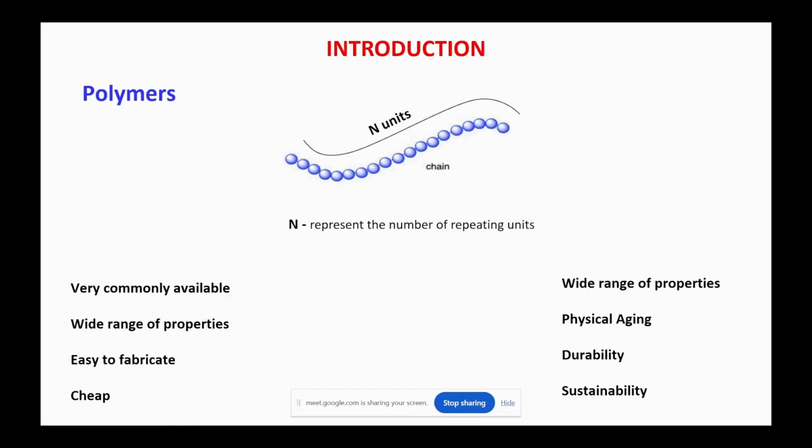The monomers connect themselves in very large numbers to form a polymer. So if you see here we have a polymer chain, and the n over here represents the number of repeating units, and each unit basically represents the monomer. Monomer as such means a single unit.